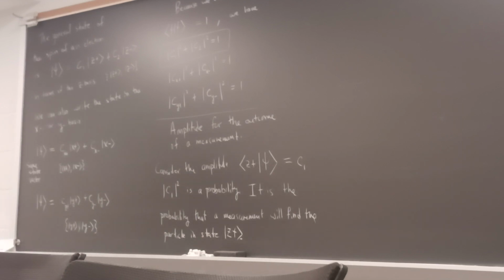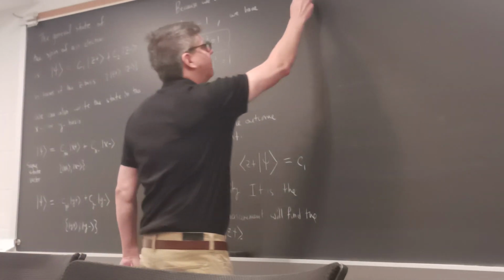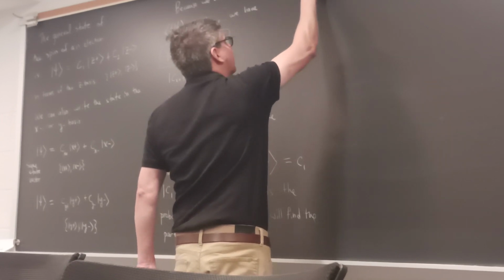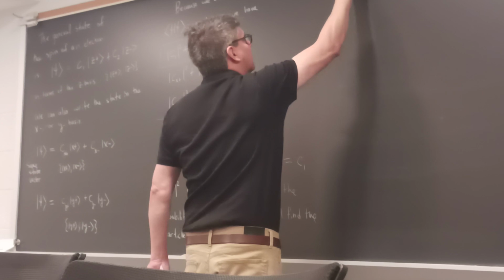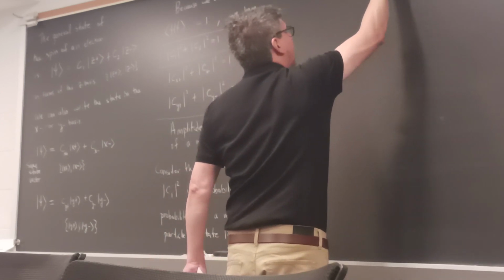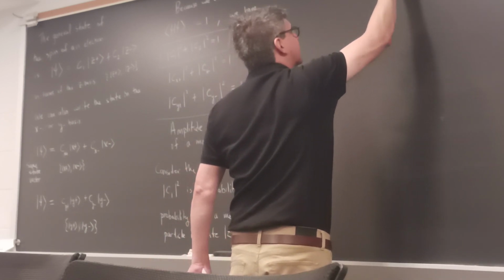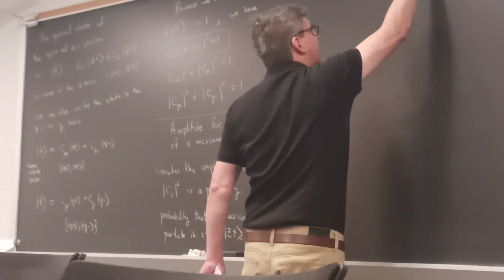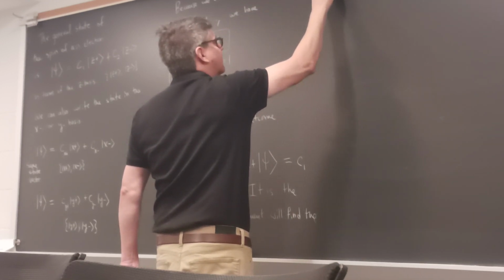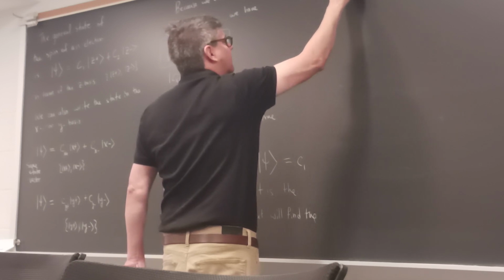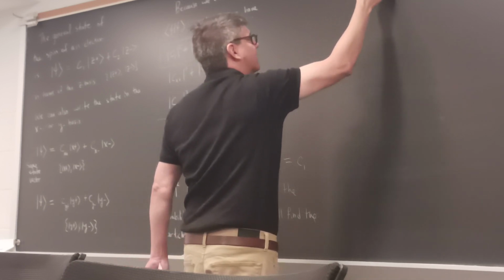Okay, and the expression magnitude C1 squared plus the magnitude of C2 squared equals 1 is a statement of the conservation of probability.